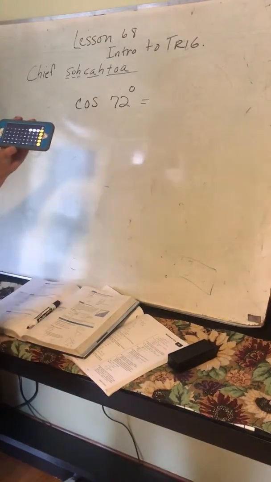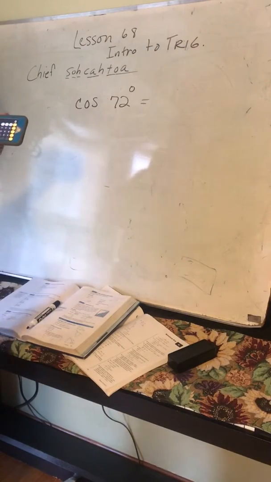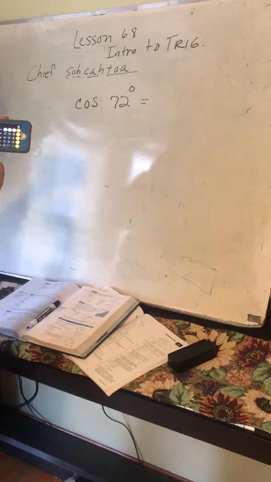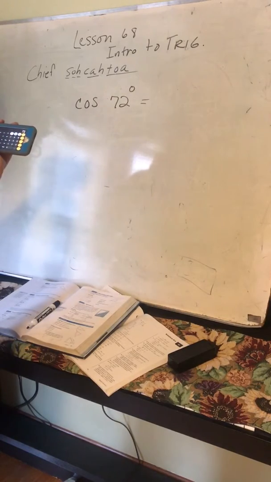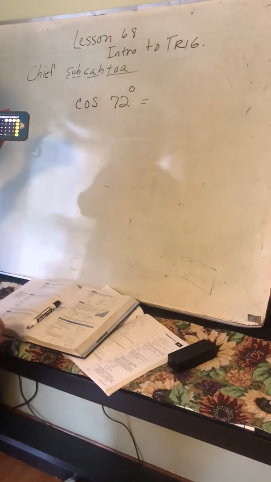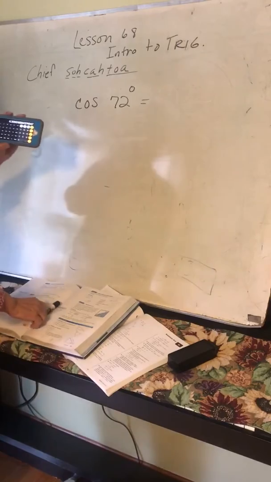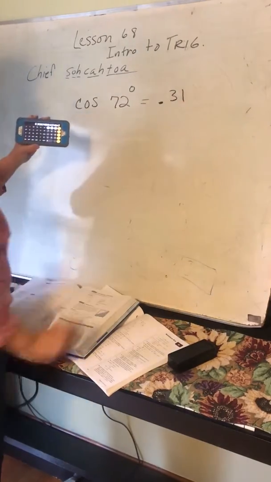Typically, if we want the cosine of 72, I am on not the degree, but the rad setting here. If you put in 72 and then hit cosine, just C-O-S, you will get 0.309, and we're going to round that to 0.31.